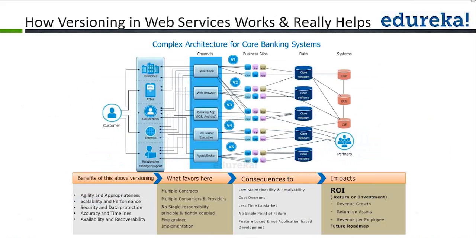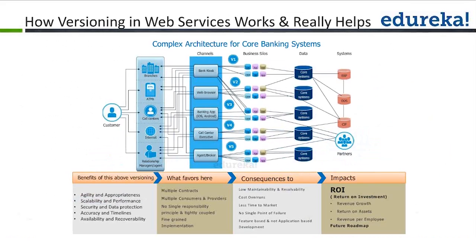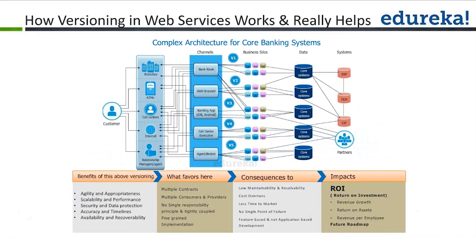On similar lines, if we see the table below, can you see this table, benefits of the above versioning? Okay, so I'll straight away come to the table that we have incorporated here. We all know why we do the versioning and what it takes to do the versioning, right?